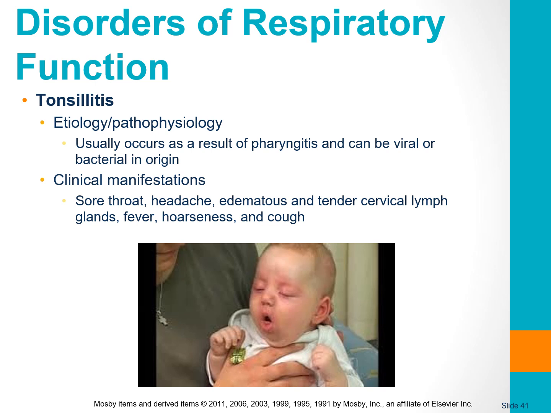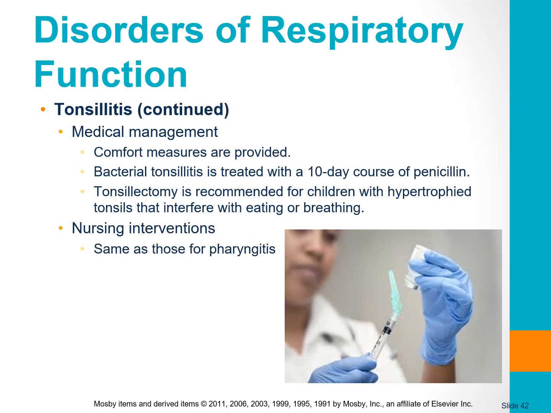Clinical manifestations are the same. How we manage it, same thing. Comfort measures, and if it's bacterial, it will include penicillin or an antibiotic. If it's reoccurring frequently, tonsillectomy is recommended, especially if it is so swollen that it affects their work of breathing or eating. So tonsils can be removed if they have reoccurring infections.